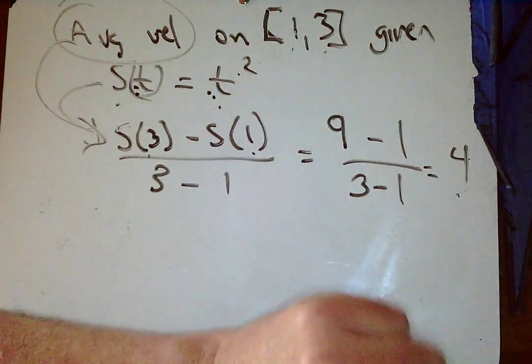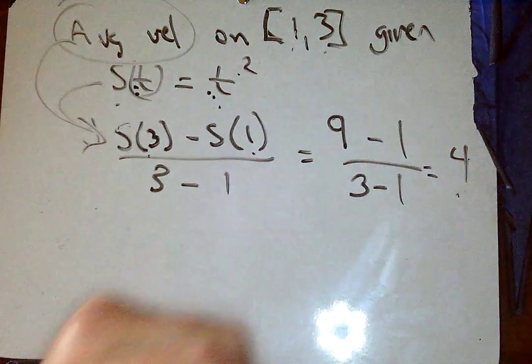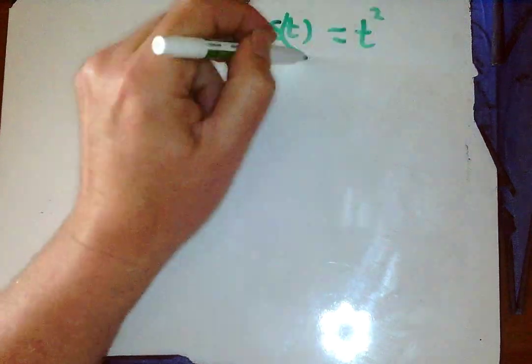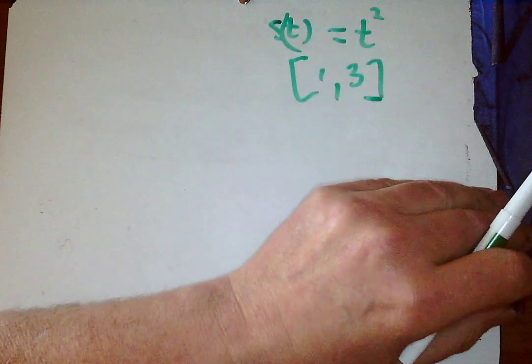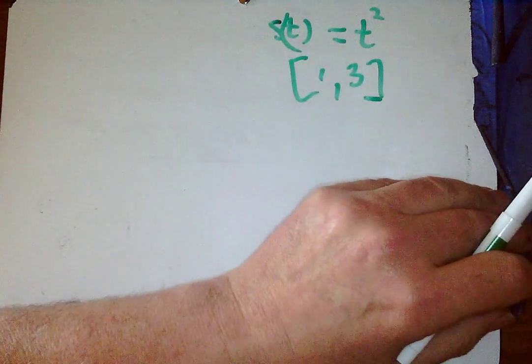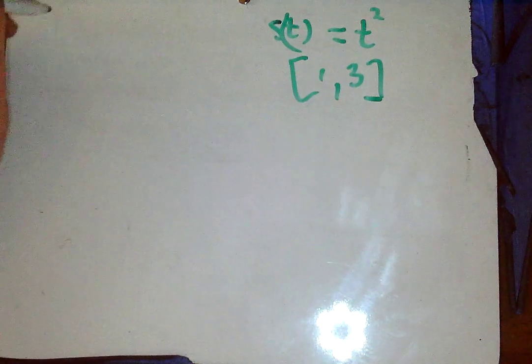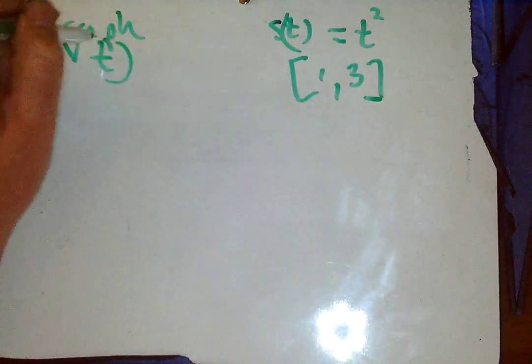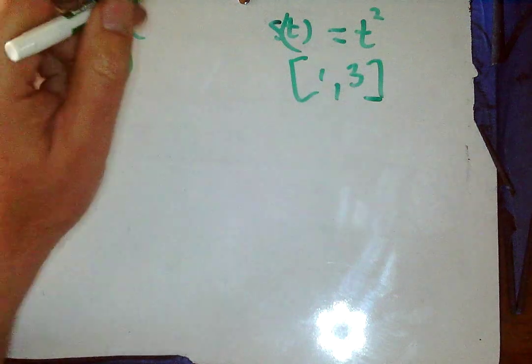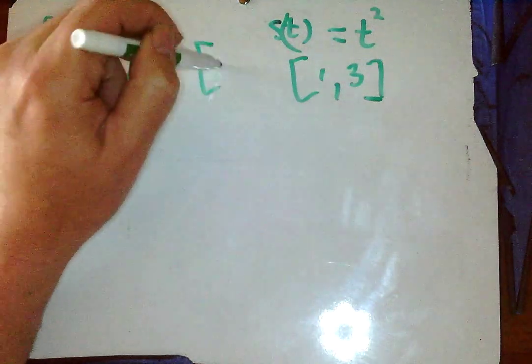So today I'd kind of like you to do this. Now I'm finally ready to transition to today's stuff. Remember we just had S of t equals t squared on 1 to 3. So what I would like you to do is to graph v of t on 1 to 3.